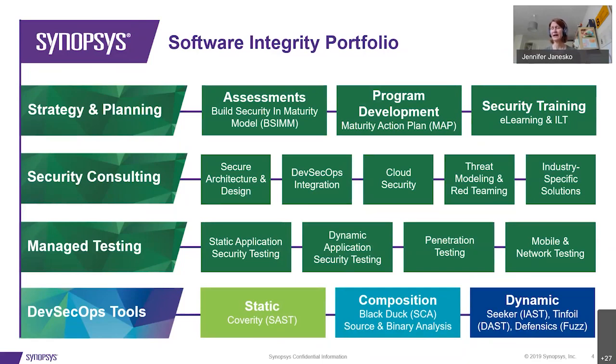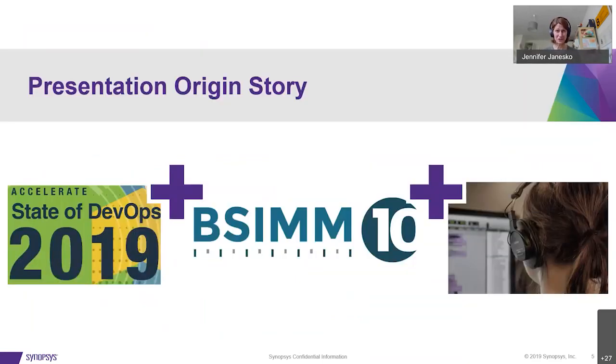I'm going to tell you a little bit about the origin story of this presentation. They asked me to make this presentation and said I need to talk about software security to software engineers. I thought, okay, how do I go about doing this? I recently read The State of DevOps. It's a super interesting report put out by Dora and Google Cloud.